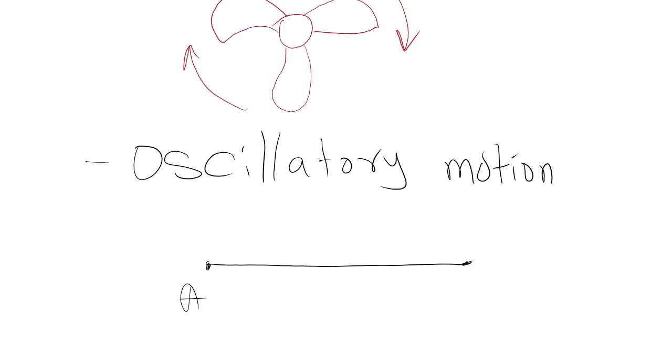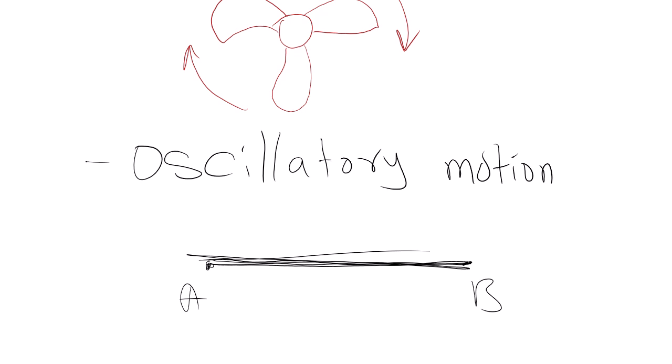Let's say this is A and this is B. So the object moves from point A to point B, then it comes back again. When an object goes and comes back, the type of motion exhibited by the object is called oscillatory motion.